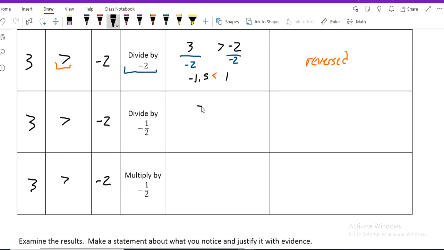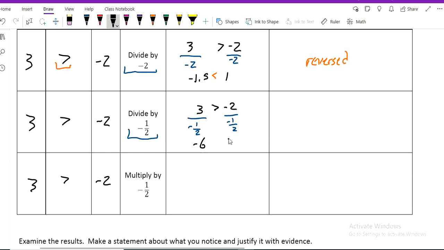All right, same deal here. Let's start with our original equation. I'll do the operation they tell us. So we're going to divide by -1, or I'm sorry, -1/2. And what will we end up with? Well, here we'll end up with -6.